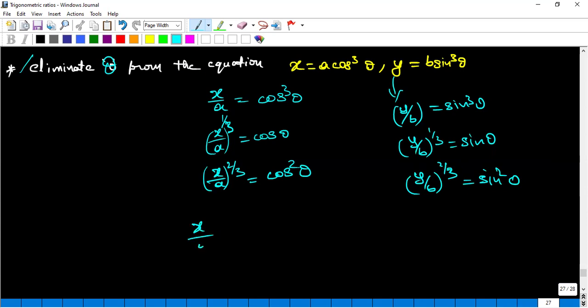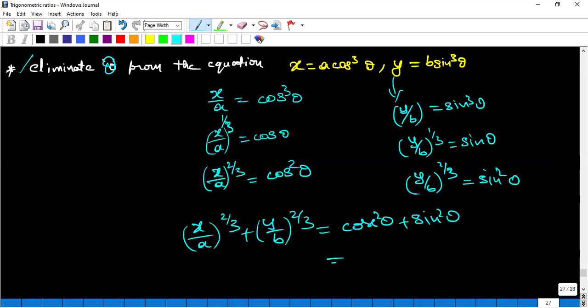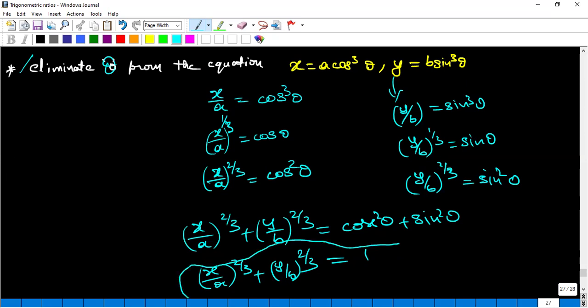Left hand side, you will get x by a whole to the power of 2 by 3 plus y by b whole to the power of 2 by 3 is equals to cos square theta plus sine square theta, which is nothing but 1. So final answer x by a whole to the power of 2 by 3 plus y by b whole to the power of 2 by 3 equals 1. In the last statement, observe there is no theta related term.